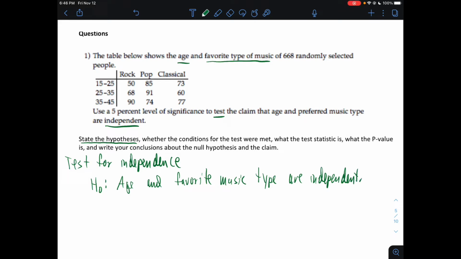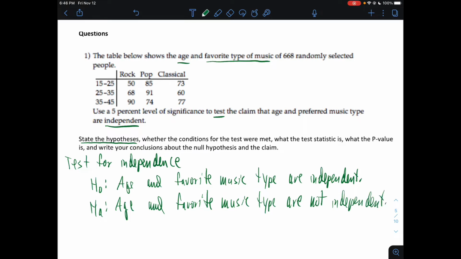And then the alternative is just they aren't independent. So age and favorite music type are not independent.